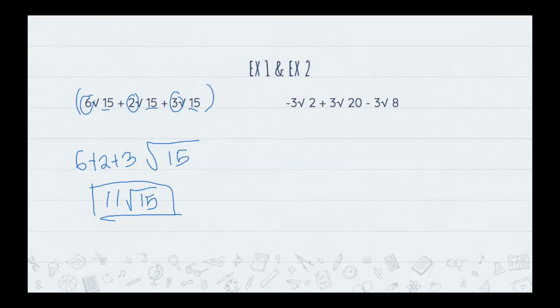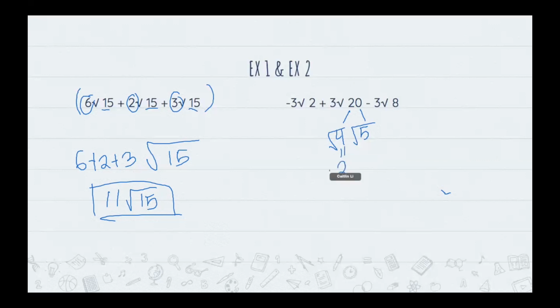All the numbers in the radicands are different, but we can simplify these. First, we have to find two numbers that can make up 20, which would be 4 and 5. 4 is a perfect square, so it will be 2.